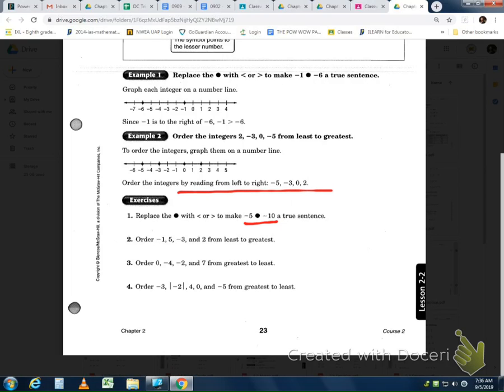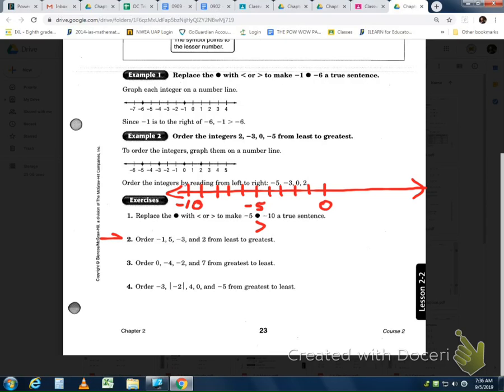So I'm going to put just a generic number line up here, and we're going to go, there's 0, -1, -2, 3, 4, 5, there's -5, -6, -7, -8, -9, there's -10. -10 is much farther to the left. -5 is to the right of it. So what does that make it? Right, -5 is greater than -10.